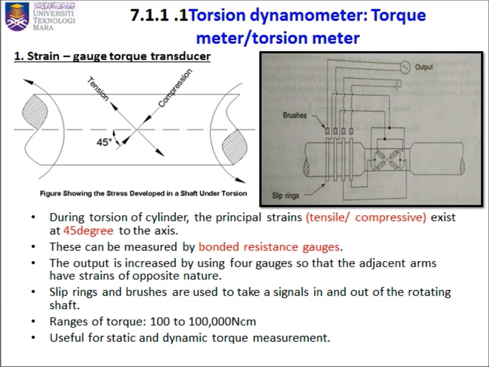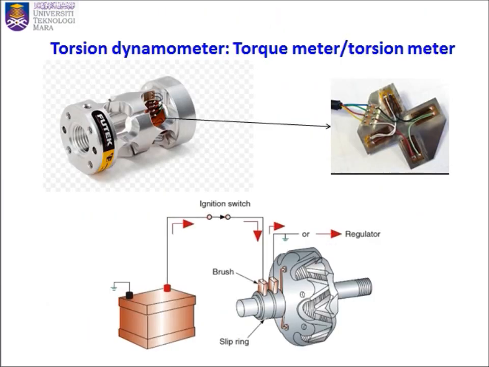The output is increased by using 4 gauges, so that the adjacent arms have strain. Slip rings and brushes carry signals in and out of the rotating shaft. The range of torque is between 100 to 100,000 newton centimeters, and it is useful for static and dynamic torque measurement. So these are examples of the torsion dynamometer.